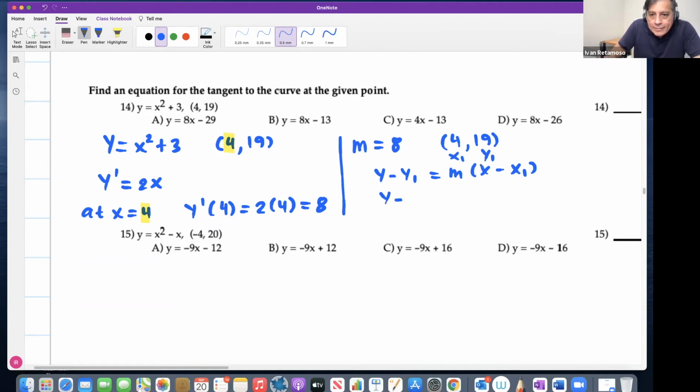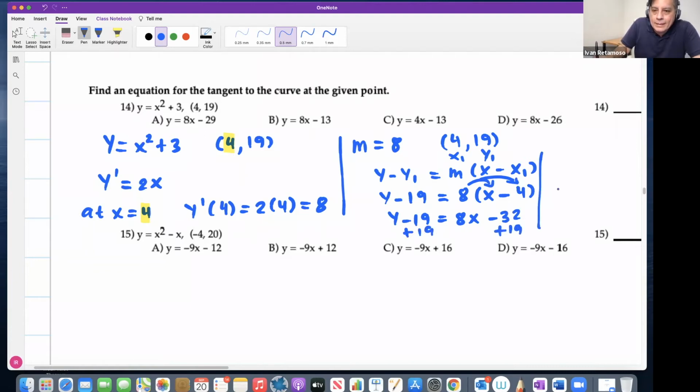So if you do that, y1 is 19, slope 8 times x minus x1, 4, y minus 19 equal 8x minus 32. And adding 19 to both sides, then we should get our answer, right?